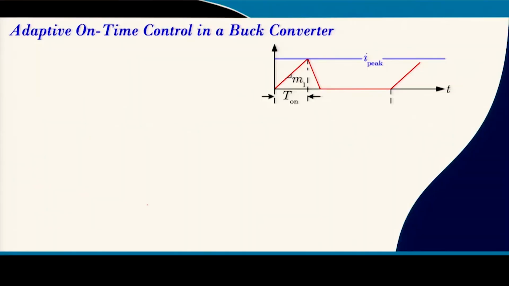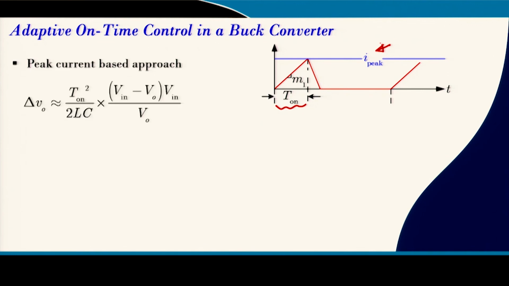So, this is called adaptive on time control. How do you do that? Instead of using a constant on time through a timer circuit, we can generate this on time by keeping a fixed current reference, I peak. If we keep the peak current, then the on time can be calculated from the peak current and the slope.